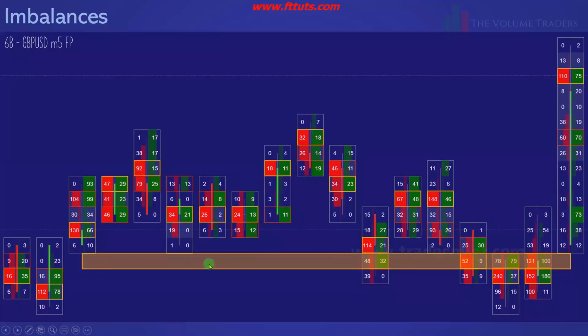And I have marked here support, which played out perfectly. And with Cluster Delta, you can automate this process, as I mentioned previously, with good settings. But on NinjaTrader, if I want to trade 6B contracts, I'm manually looking for my imbalances because it works this way for 6B perfectly.